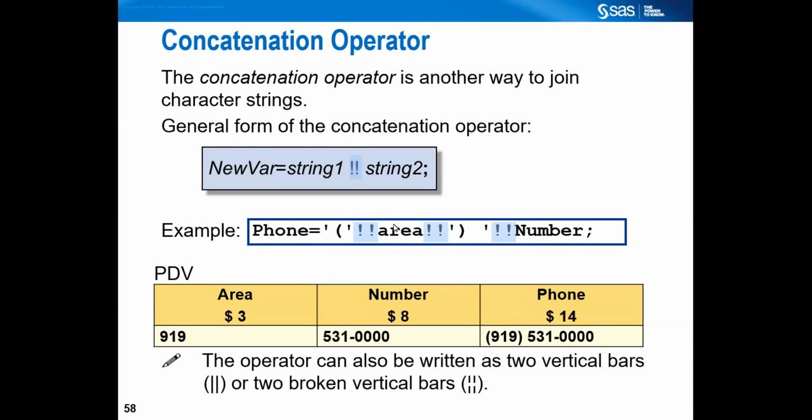So we use these vertical bars or exclamation marks, these special signs, with spaces and their arguments like area, which are the existing columns, together so that you get this phone number in this form.